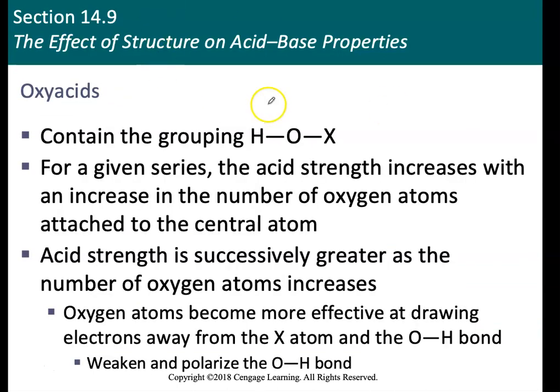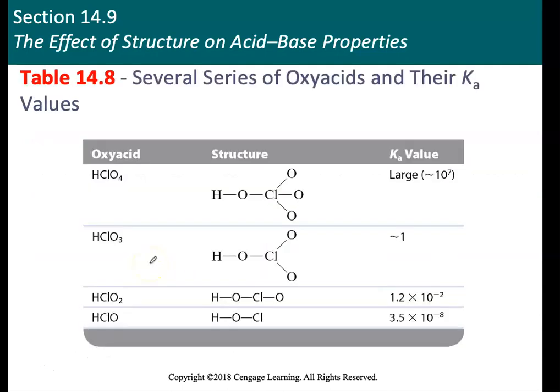Acids that contain oxygen, that is, when they have the oxygen that is bonded to the acid hydrogen. For a given series, the acid strength increases with the increase in the number of oxygen atoms. So let's just look at this one.